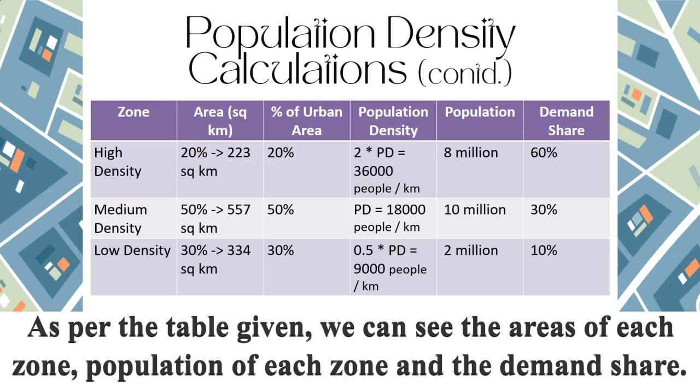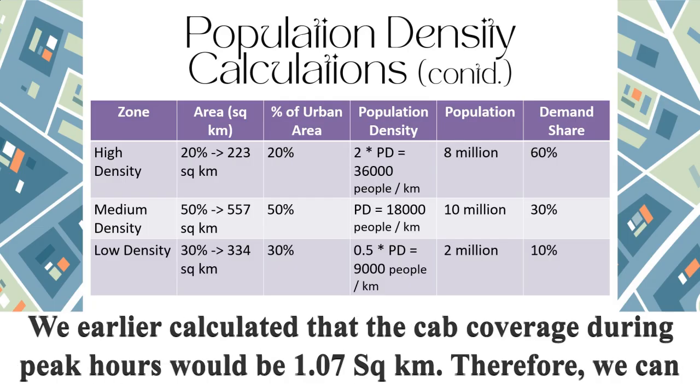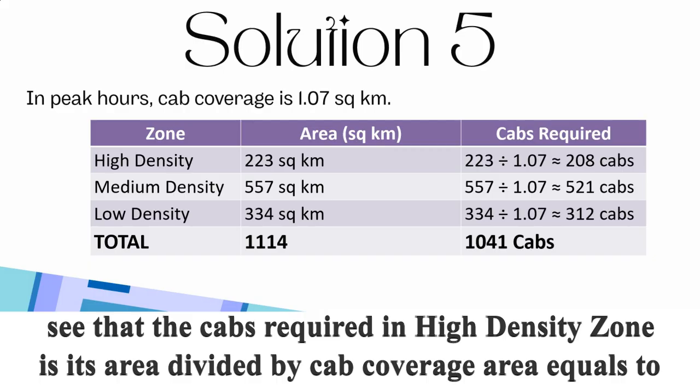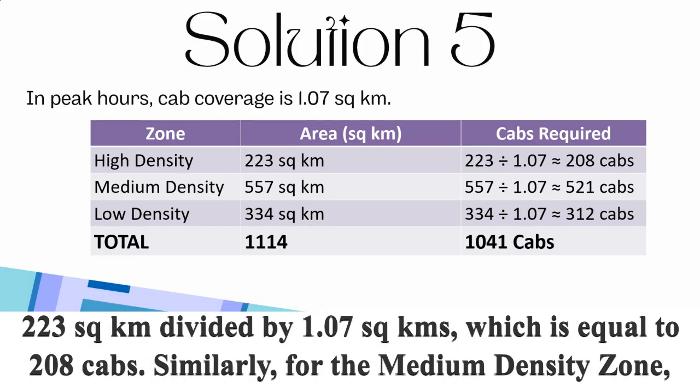We earlier calculated that the cab coverage during peak hours would be 1.07 square kilometers. Therefore, we can see that the cabs required in the high density zone is its area divided by the cab coverage area, which is 223 square kilometers divided by 1.07, which equals 208 cabs.